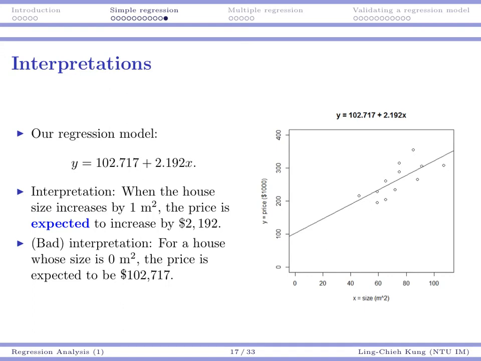That's definitely wrong. So this gives us the first example of a bad interpretation of a regression model. One general guideline is if our sample data only lie in this region for x, roughly from 40 to 110, then whenever someone asks you to predict what's going to happen when x is 20, when x is 10, or when x is 150, it's dangerous.